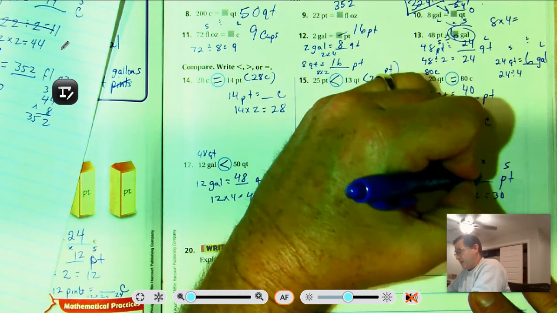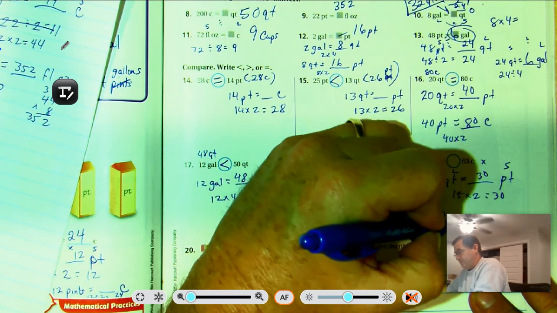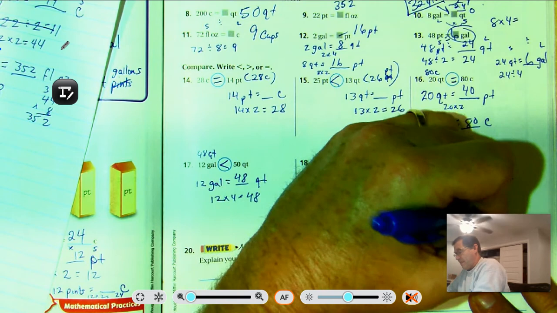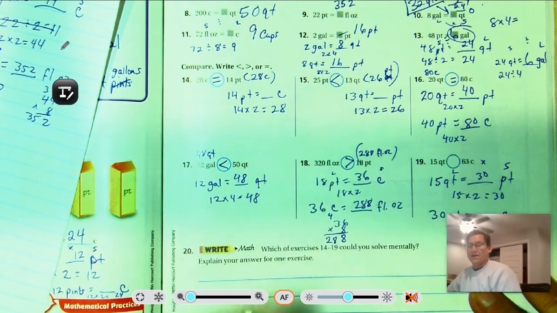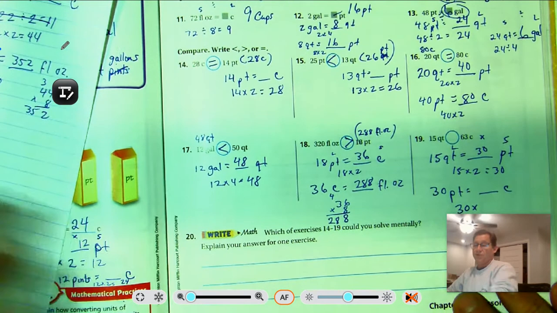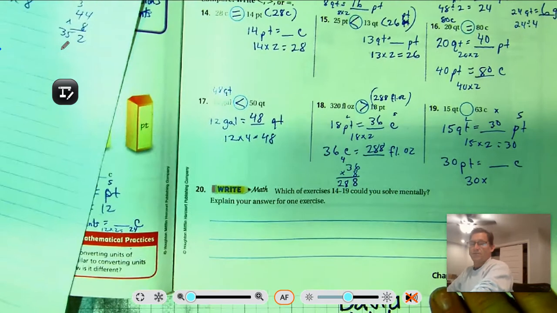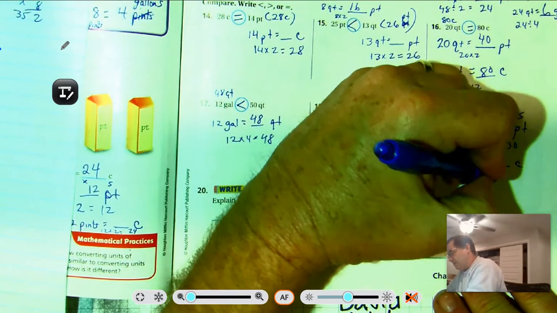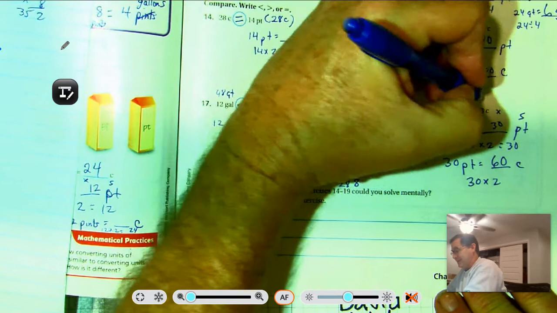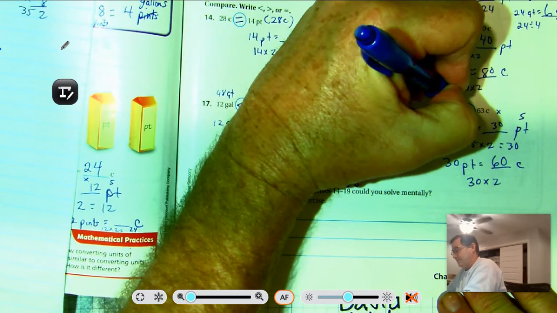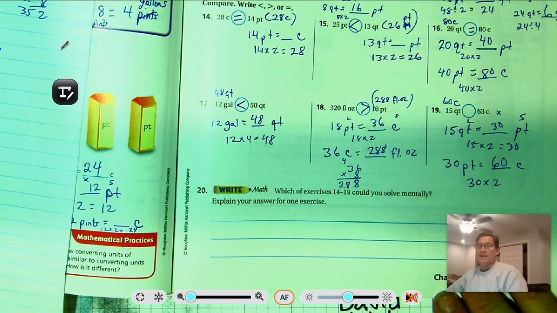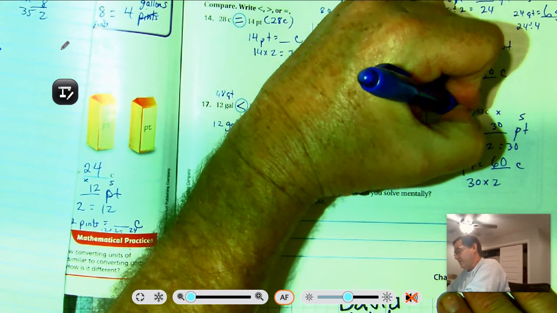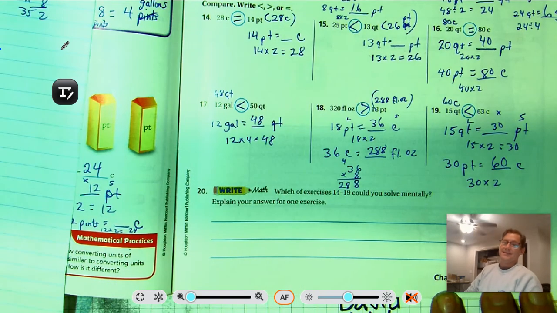So we'd have 30 pints. And then, how many cups are in a pint? There's 2. 2 cups per pint, so 30 times 2 gives us 60 cups. So 15 quarts is the same as 60 cups, so 15 quarts is less than 63 cups.